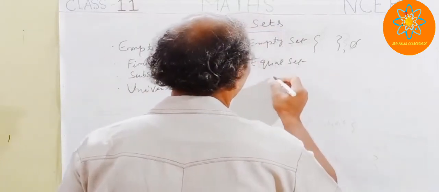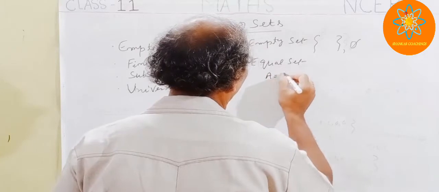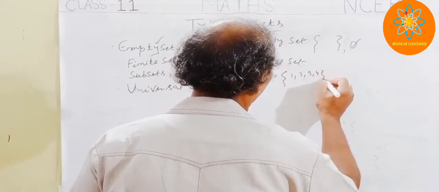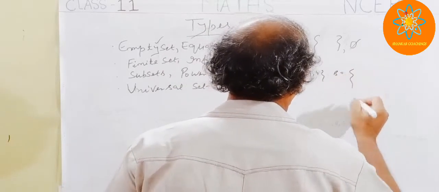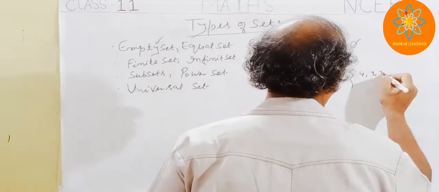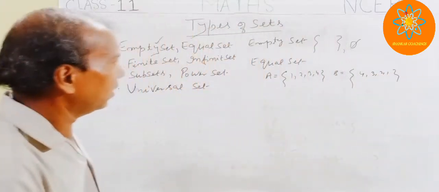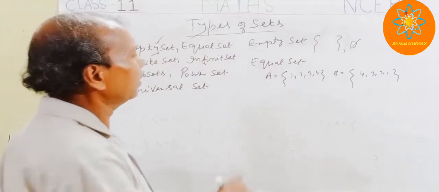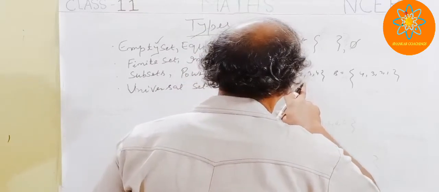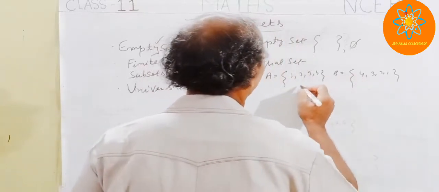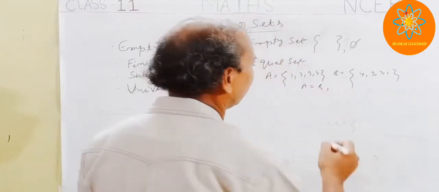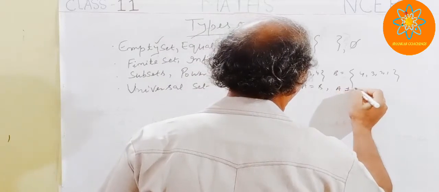Let's suppose you are given set A with numbers 1, 2, 3, 4, and another set B with members 4, 3, 2, 1. So if you see A and B, this is the equal set. Why? Because every member of set A is also a member of set B, and we represent it as A is equal to B. And if the members are not equal, then A is not equal to B.